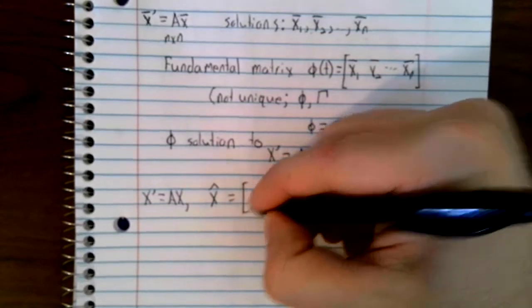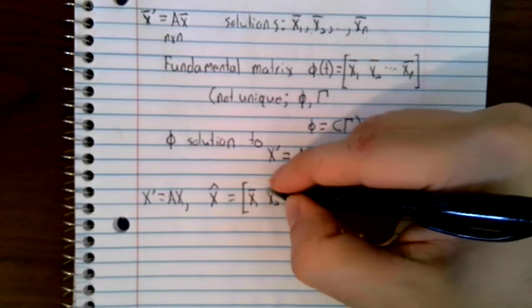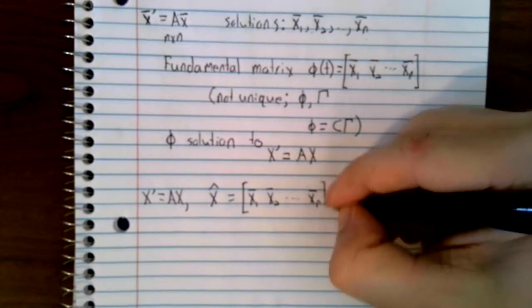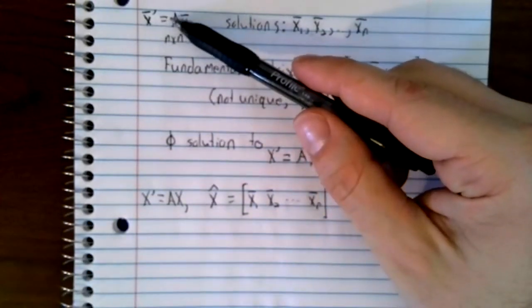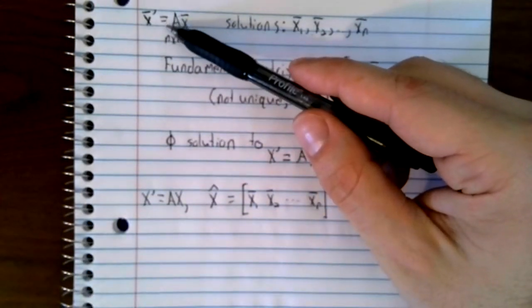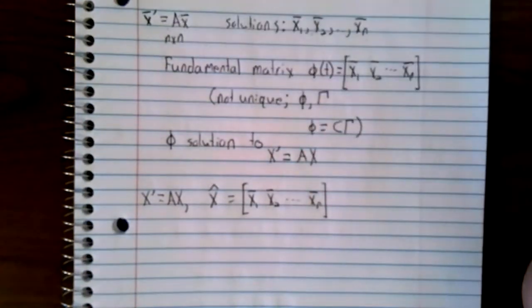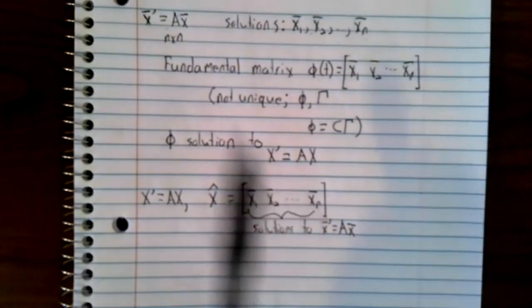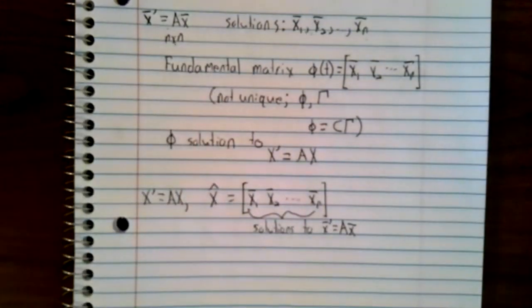Then each column of X hat is a solution to the vector equation X prime equals AX. And because there are n of them, we have a general solution.